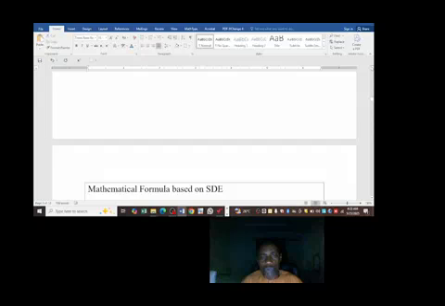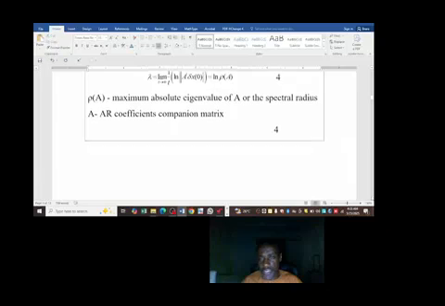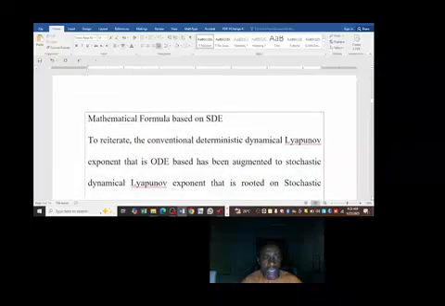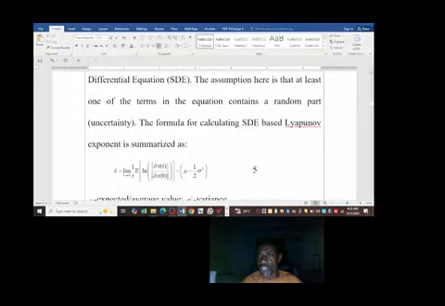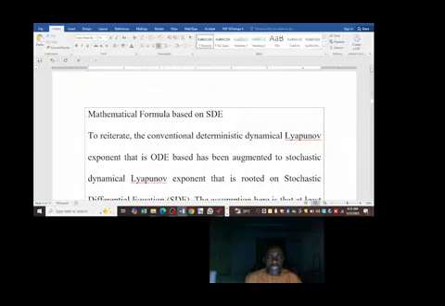Now we move to the next page, that's page 5. We now have a mathematical formula for deriving a Lyapunov exponent based on a stochastic differential equation. Let me reiterate that the conventional deterministic dynamical Lyapunov exponent of the ODE base has been augmented to a stochastic dynamic Lyapunov exponent that is rooted in the stochastic differential equation, SDE.